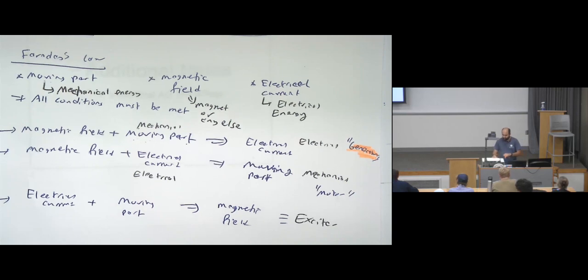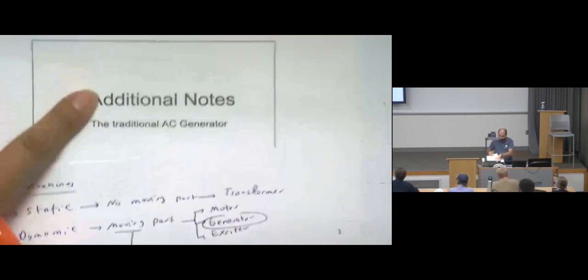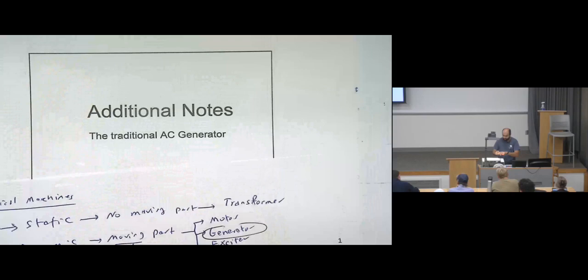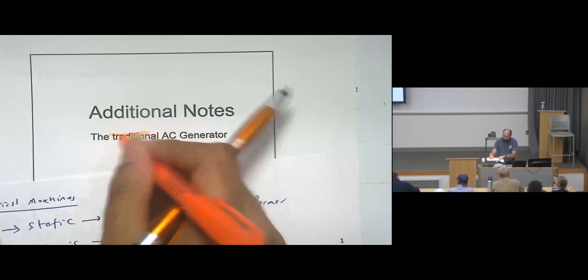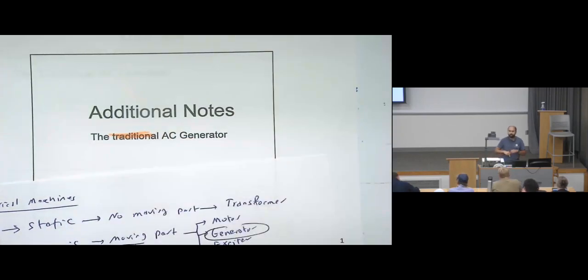But in this lecture, it's called the traditional AC generator. We will talk about the traditional one, what's used for the utility, and it's three-phase. The type is called a synchronous generator.